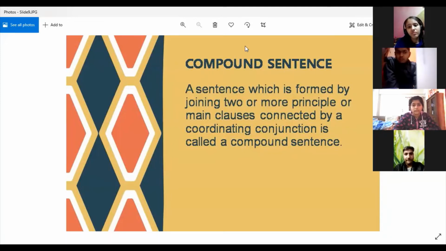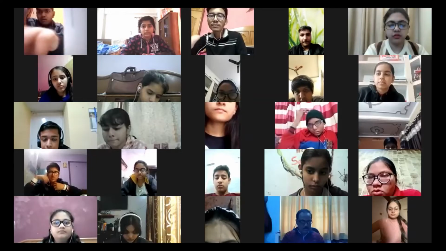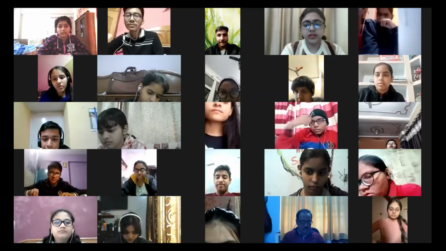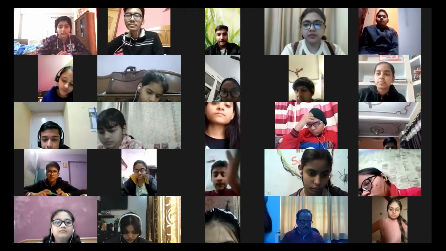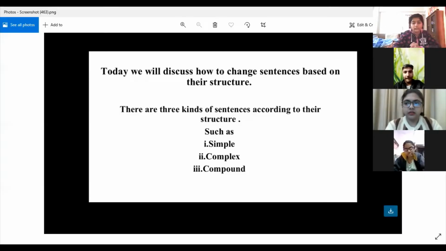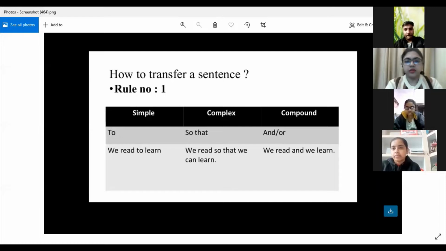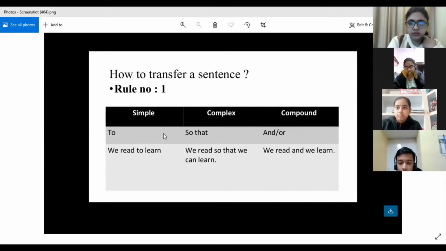Now let us come to the rules of transforming sentences from simple to complex to compound. Rule number 1: if there is the word to in a simple sentence, an infinitive, then when you convert it into complex, you will be using so that in place of to.